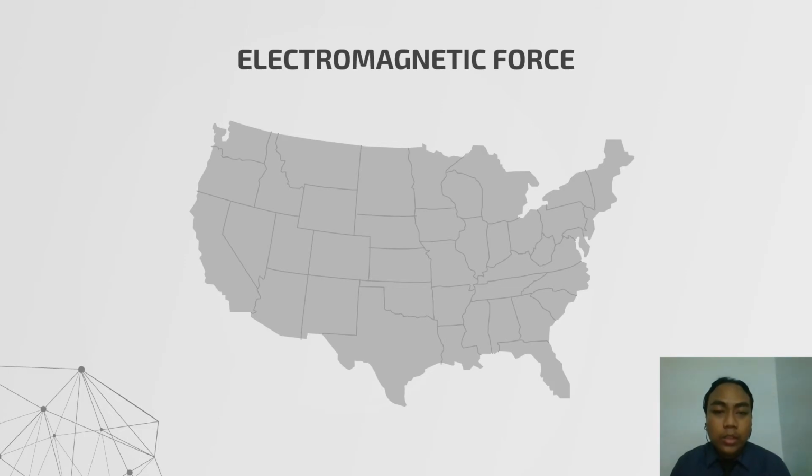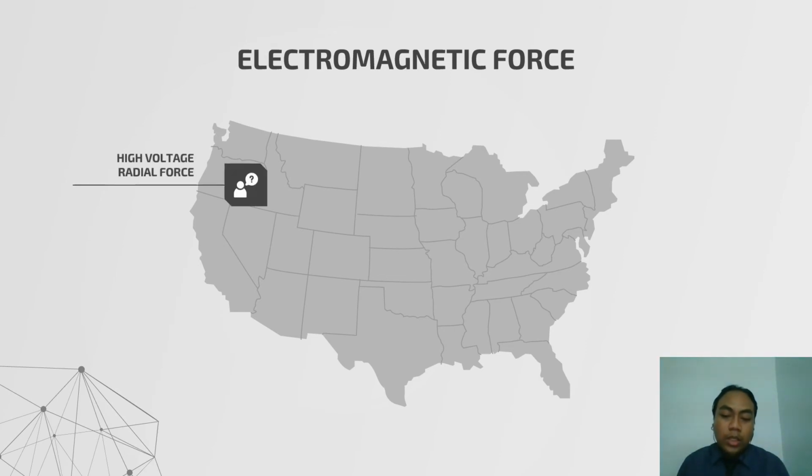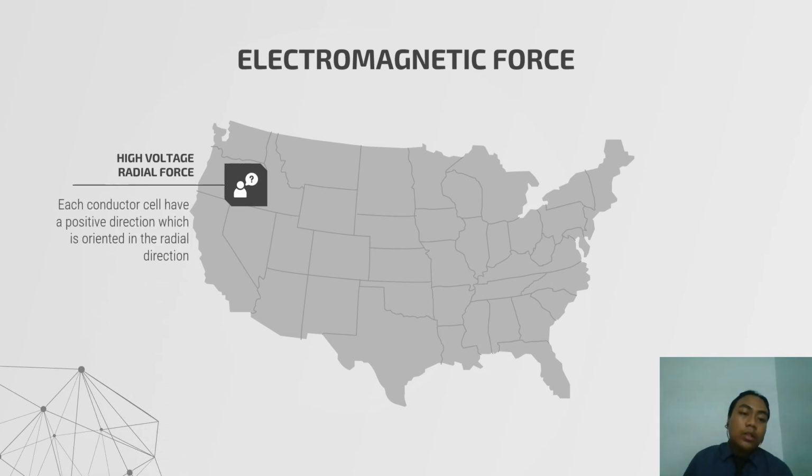Okay, the last expected result is the electromagnetic force. As we know, in the winding of the power transformer, the electromagnetic force is calculated by using the leakage flux and transient current. Therefore, for the high voltage winding radial force, the result that we expect is that each conductor cell has a positive direction, oriented in the radial direction.